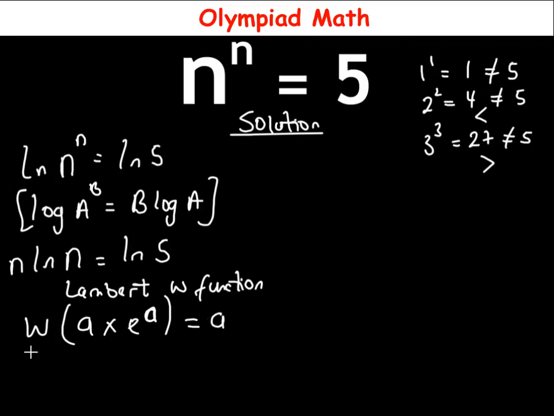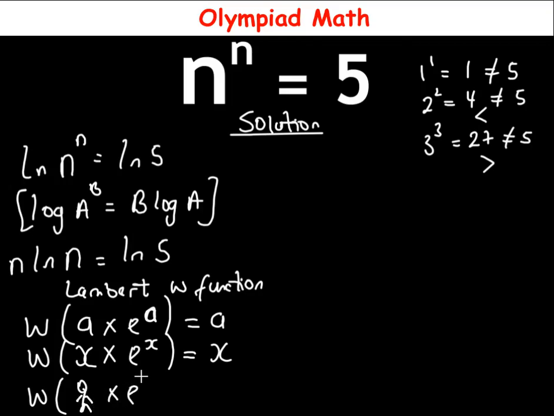If you have W of x times e to the power of x, this is equal to x. Also, W of somebody times e to the power of somebody is equal to that same somebody. Good. So with this, we can then solve for n.